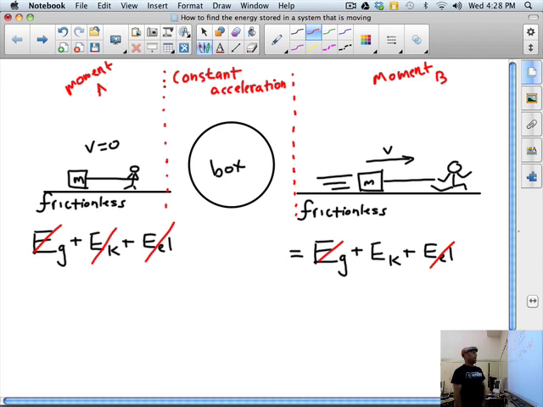So now what do we do? We got the energy stored in the beginning. We got the energy stored in the end. Well, wait. There's no energy stored in the beginning in our system. All of a sudden there's EK in the end. What happened? Is there a force on our system? Oh yeah.